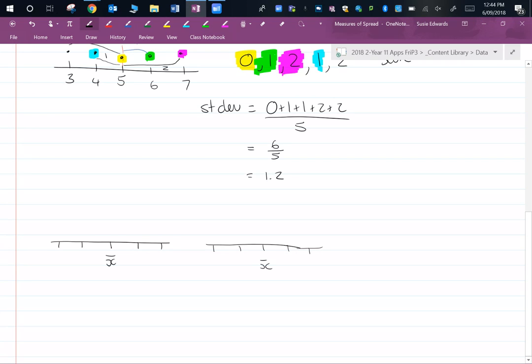Now I'm going to have dots here, and then I'm going to have dots here. So same amount of scores, the same mean, which you can tell because they're symmetrical around a point, so the mean's going to be in the middle. So the mean is the same.